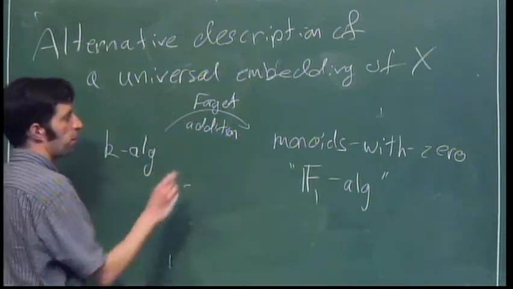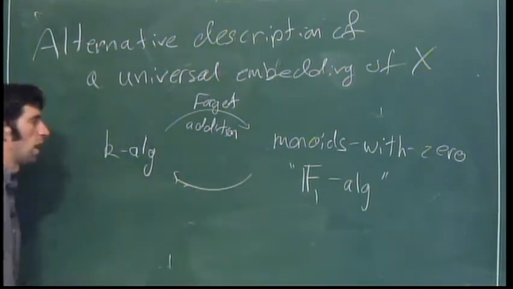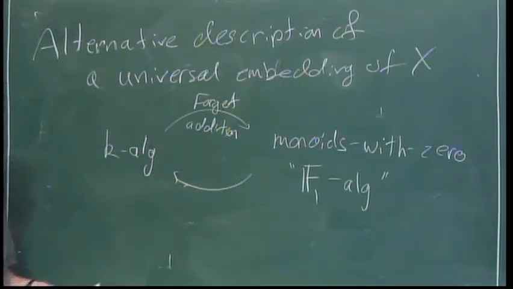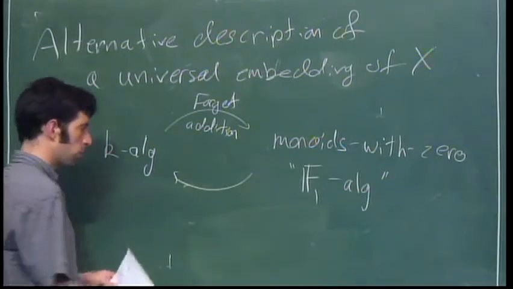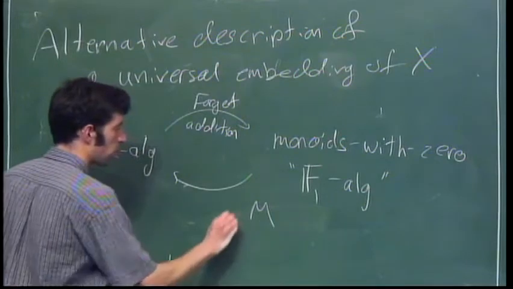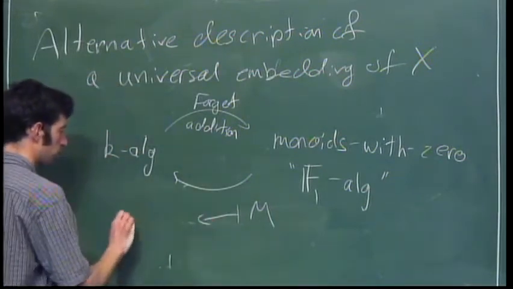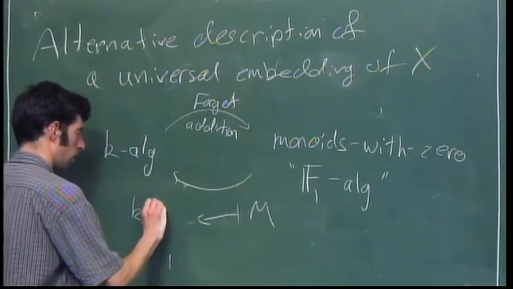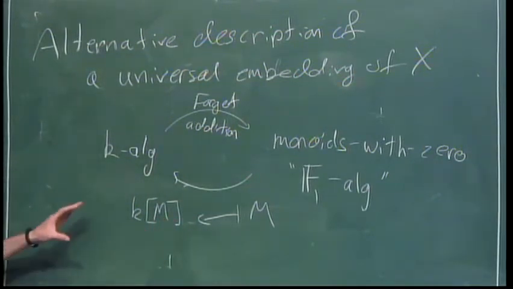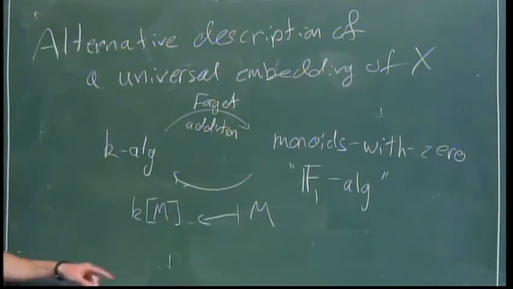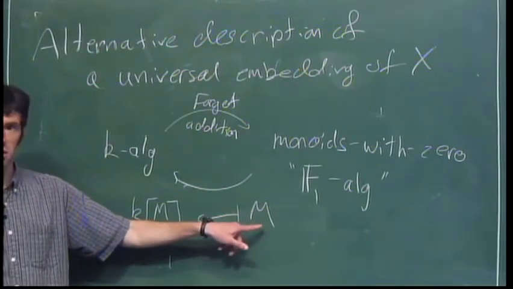So this is a forgetful functor, and it has a left adjoint, which is a free functor, or a base change functor, which sends a monoid M to, I'll write this as K adjoin M. Strictly speaking, I have to be a little bit careful here. M is not a monoid, but a monoid with 0.